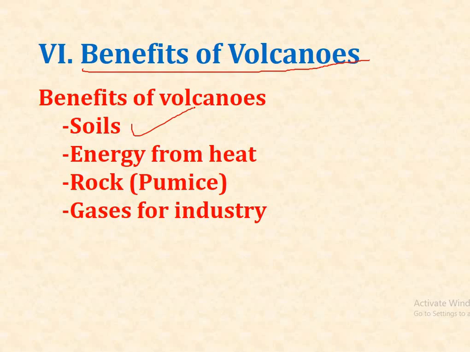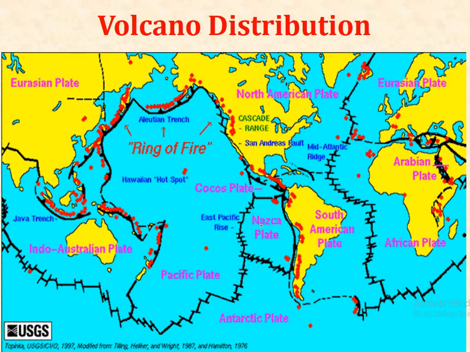Minerals like calcium, magnesium, phosphate, iron and others are added. Energy from heat. Many rocks are formed, especially pumice, and many gases can be trapped for industries. These are the benefits of volcanoes.